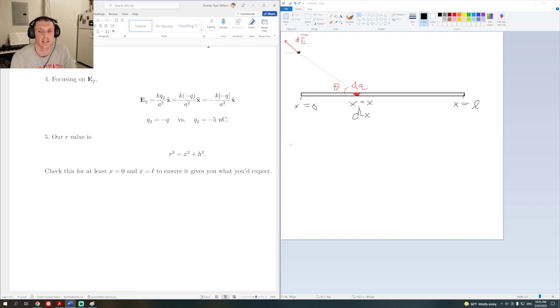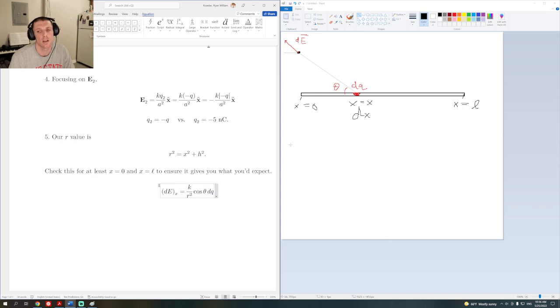So there's that, and then it's just a matter of writing out something like, let's do the x component, dE sub x is going to be k over r squared, and then we'll put on a cosine theta and then dq, like this.